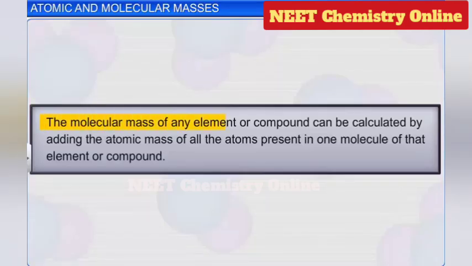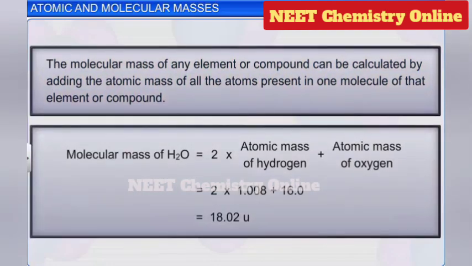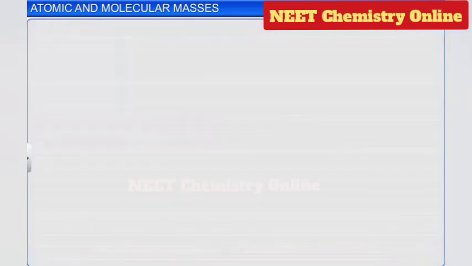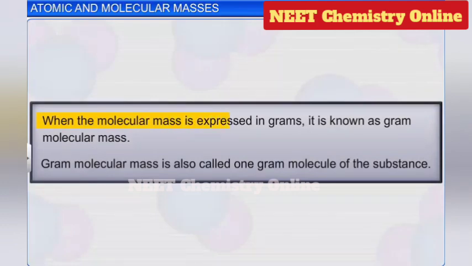The molecular mass of any element or compound can be calculated by adding the atomic mass of all the atoms present in one molecule of that element or compound. For example, the molecular mass of water will be the atomic mass of 2 atoms of hydrogen plus the atomic mass of 1 atom of oxygen, which is 18.02 U. When the molecular mass is expressed in grams, it is known as gram molecular mass.